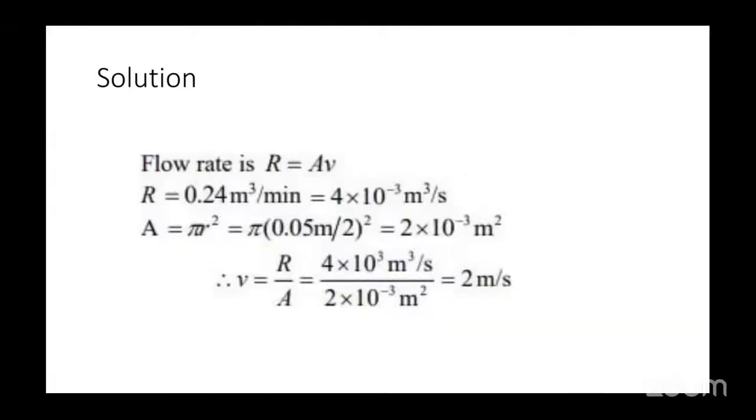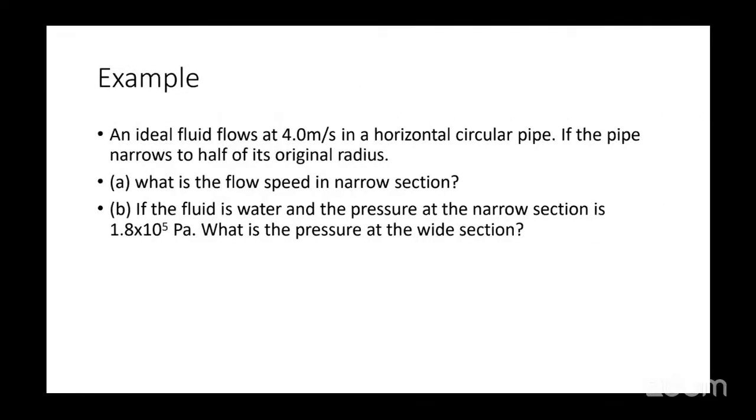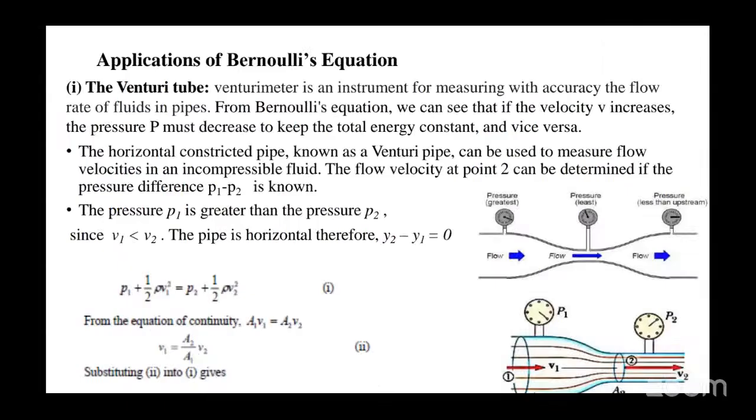Then we applied Bernoulli's principle to Venturi tube. By Venturi tube, a pipe that is laid horizontally. So since the pipe is laid horizontally, it implies that there is no elevation.